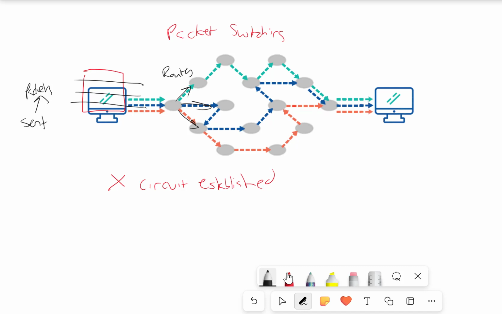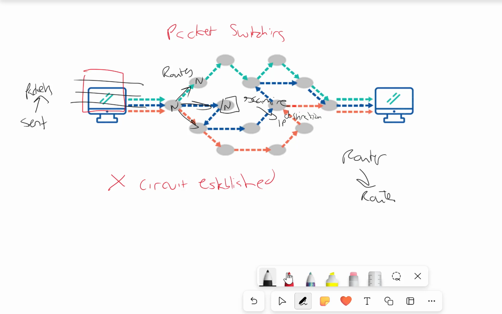They go from node to node, or router to router on their journey, where the packets are examined. So we check the IP address of the packet, the destination IP address. Where does it need to go?